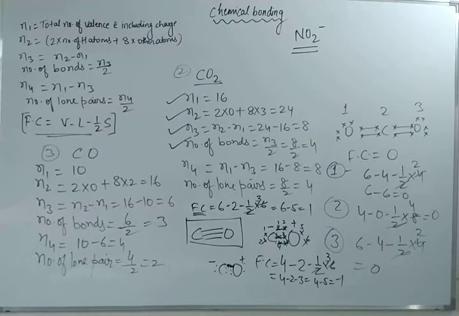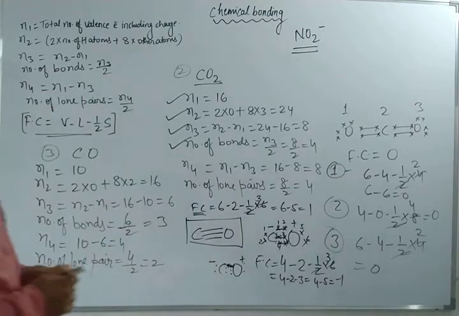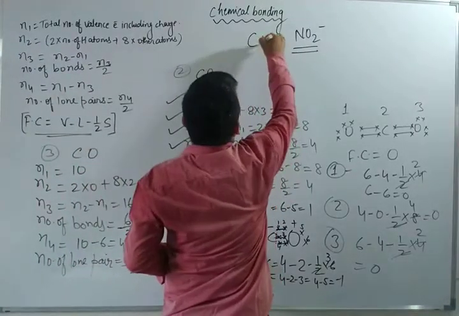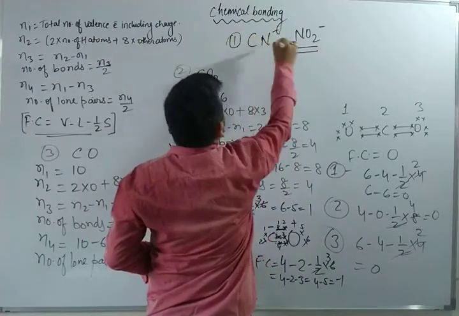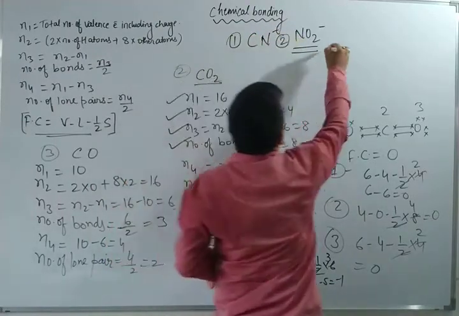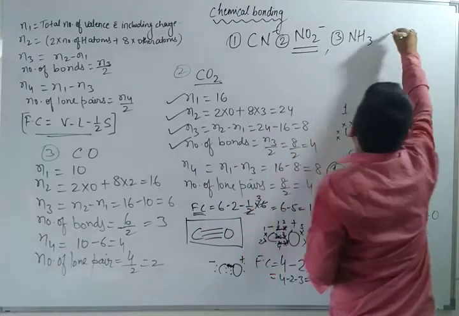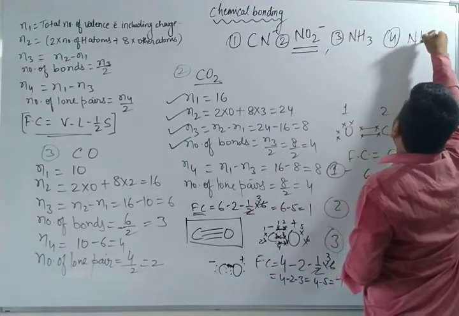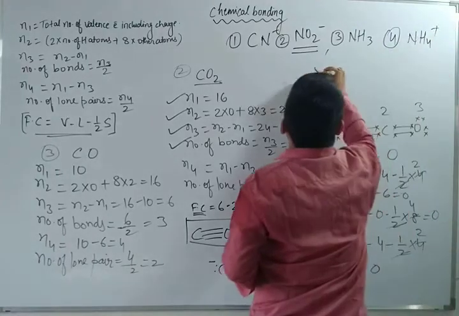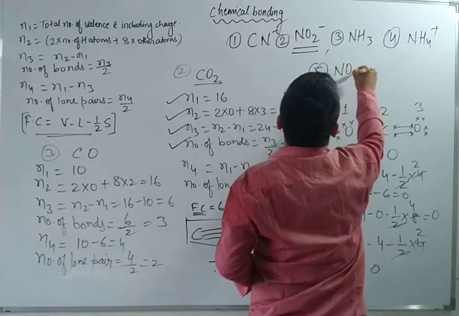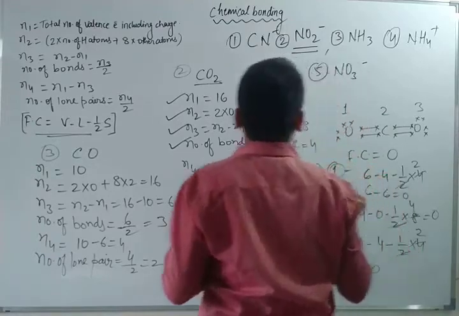So here you can just see, Cn minus, this is your first question. Second question NO2, third question NH3, fourth question NH4 plus, and fifth question NO3 minus. So there are total 5 questions.